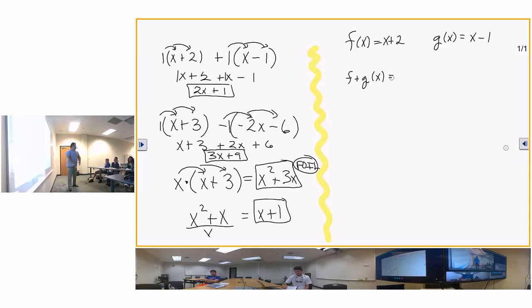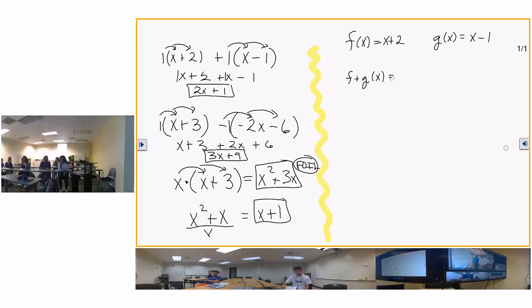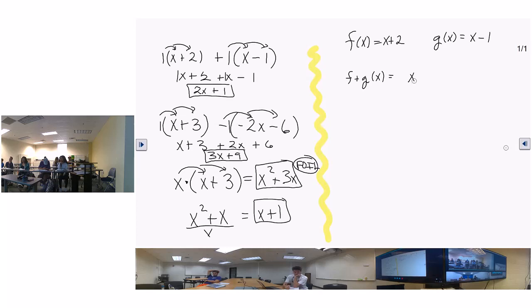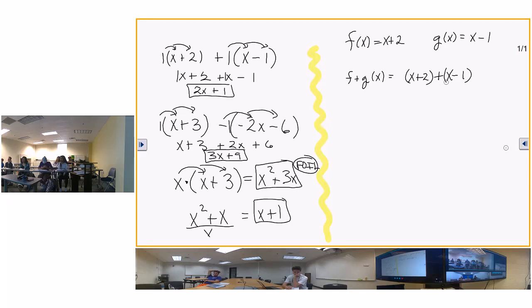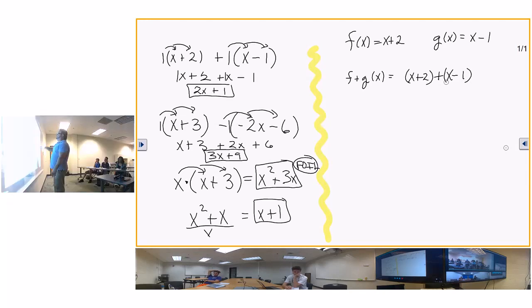Same stuff that you learned back in pre-algebra. You do exactly the same thing. You just do x plus 2 plus x minus 1. So if you want to hold your pinky up while you write this, go ahead. Because is there any difference in the mechanics of the problem? No.